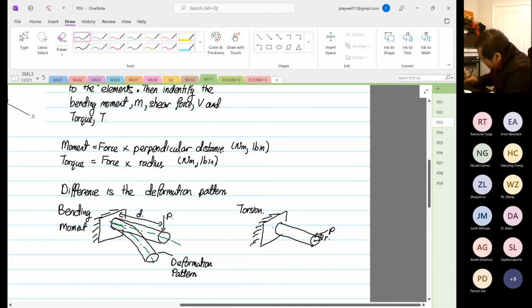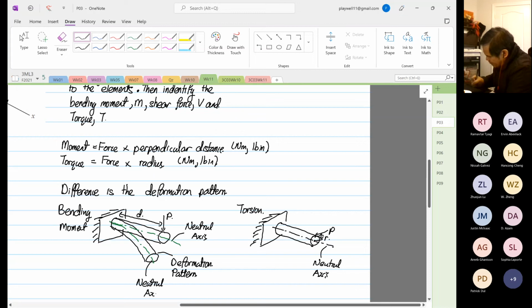And for the deformation pattern, this is the neutral axis. So the neutral axis for the bending moment, it shifts, yes or no?